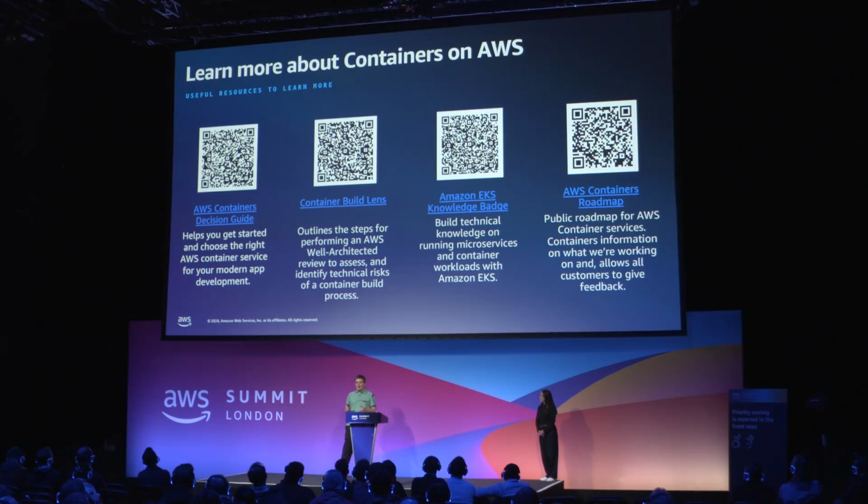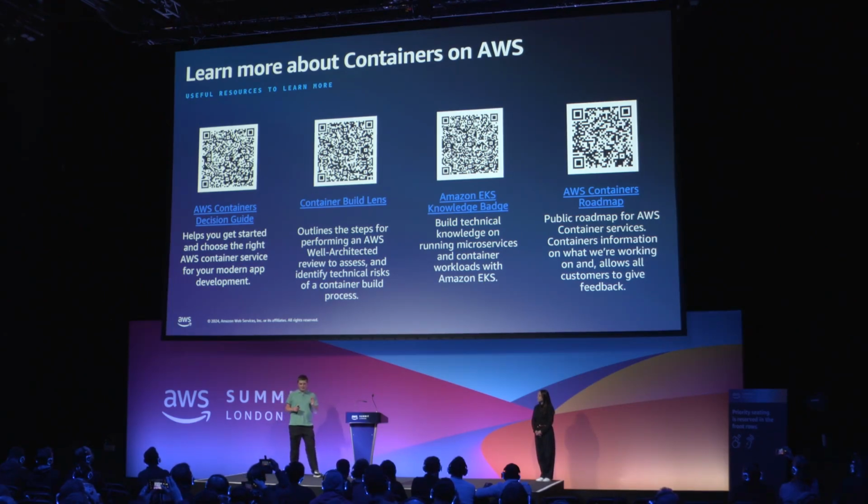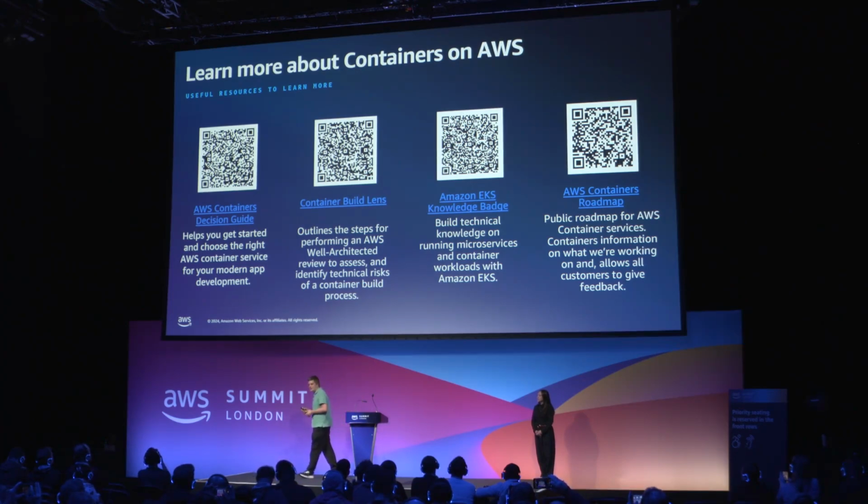So think about how you might get started building containers on AWS today. There's a variety of resources, and I highly recommend checking out the AWS Containers Decision Guide, the Build Lens, which describes what good looks like for building container images. And if you'd like to get familiar with core concepts of Amazon EKS, I highly recommend checking out the EKS Digital Badge.